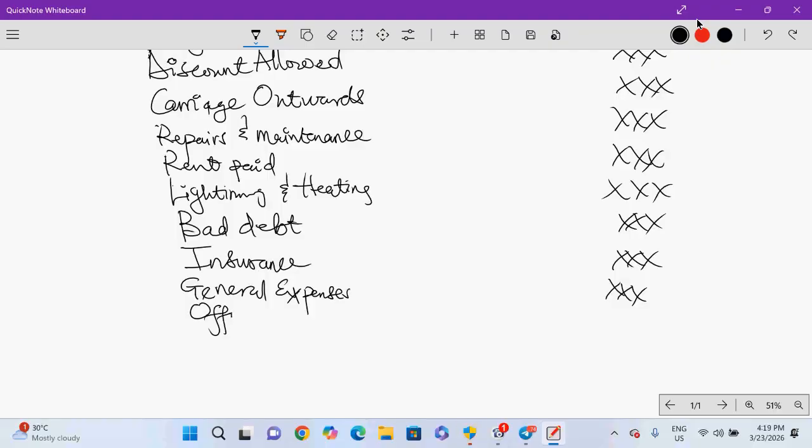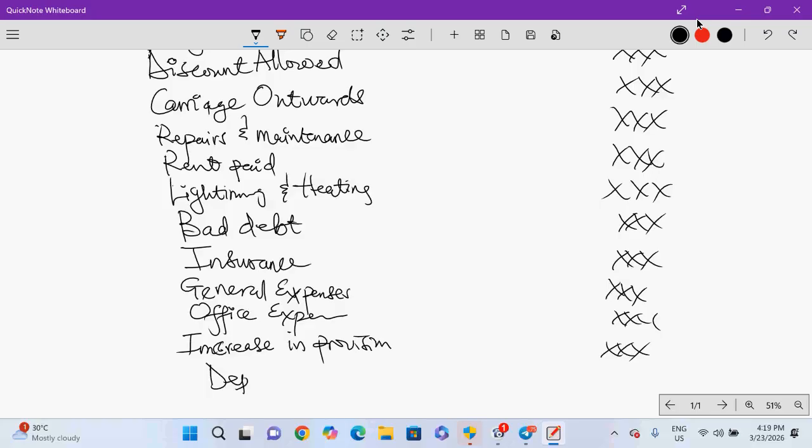Office expenses. And the increase in doubtful debt, so the increase in provision. Depreciation. I always want to put depreciation at the last, so after depreciation, don't say anything again.